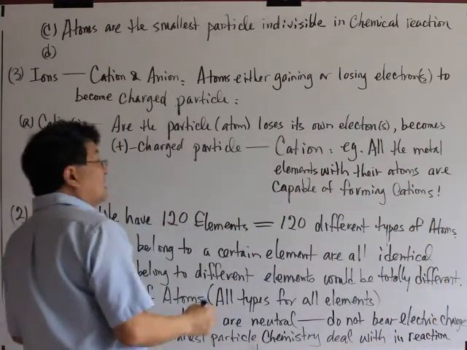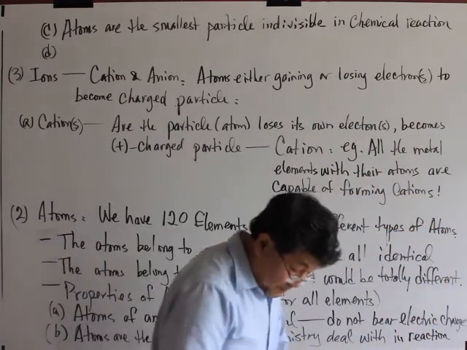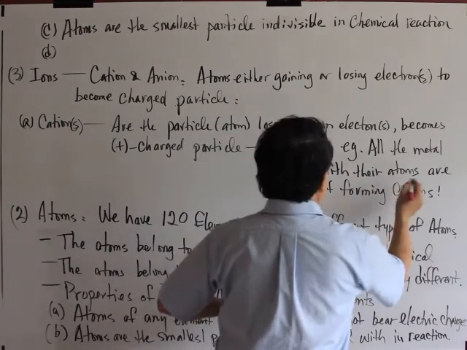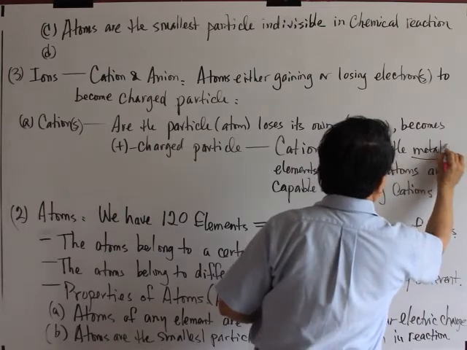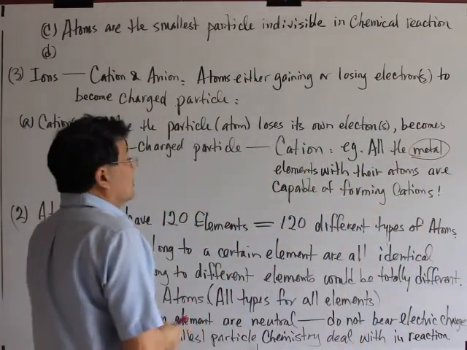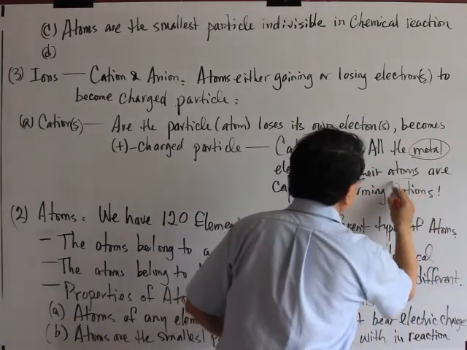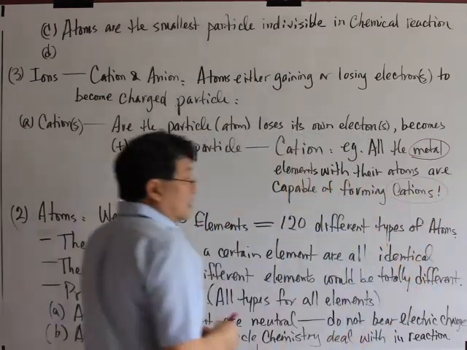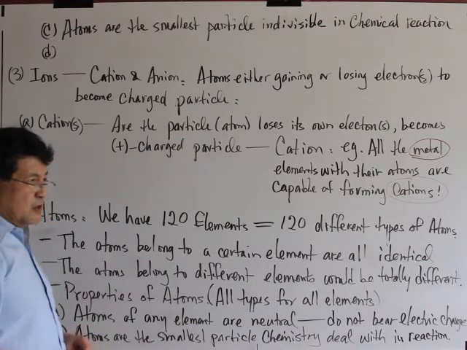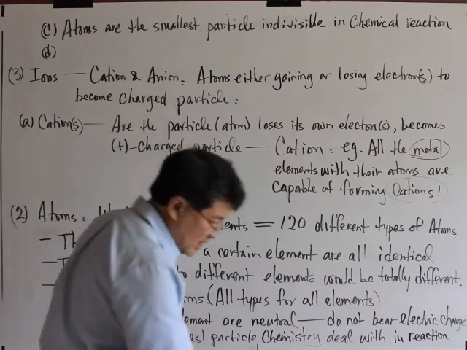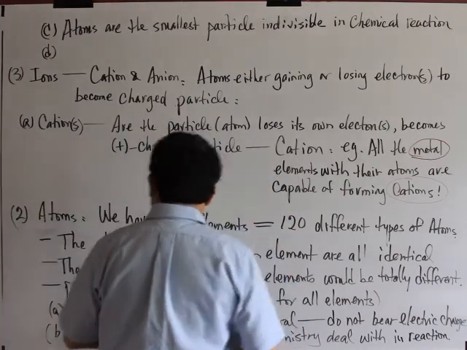In other words, let's use a different color. What is metal? The metal elements form cations. They barely form anions. I don't think any of those metal elements will form an anion. But that's the first one.